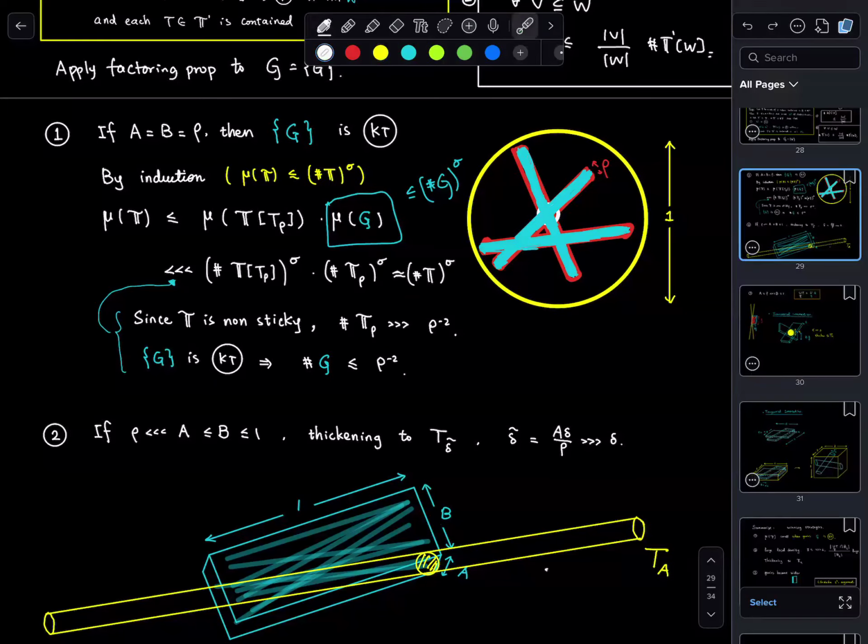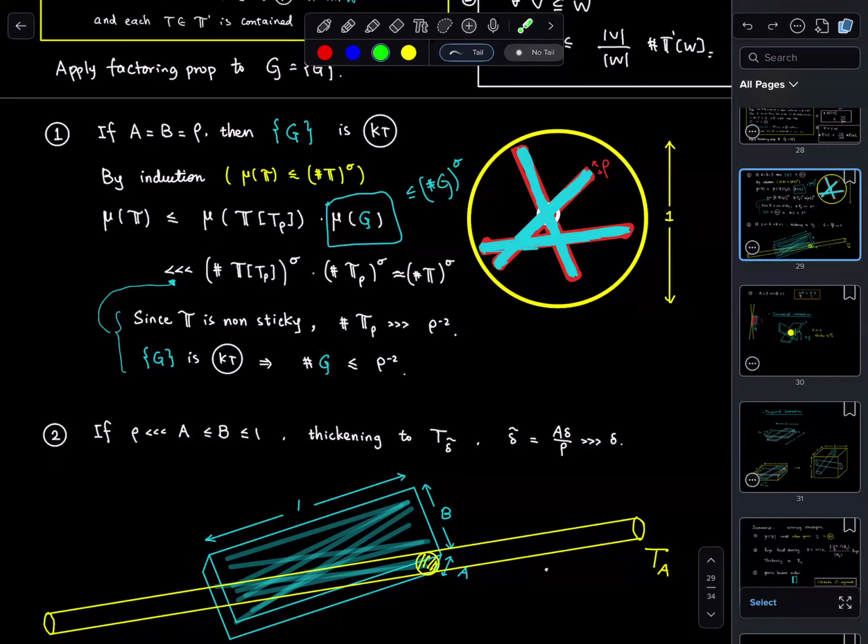Remember, each grain after rescaling is a rho tube. So if the set of grains is cast out, this means that the set of grains that matters to us is less than rho to the minus 2. So the number of grains is much less than the number of rho tubes. And this plug-in means that the number is much less than the number of rho tubes to sigma.